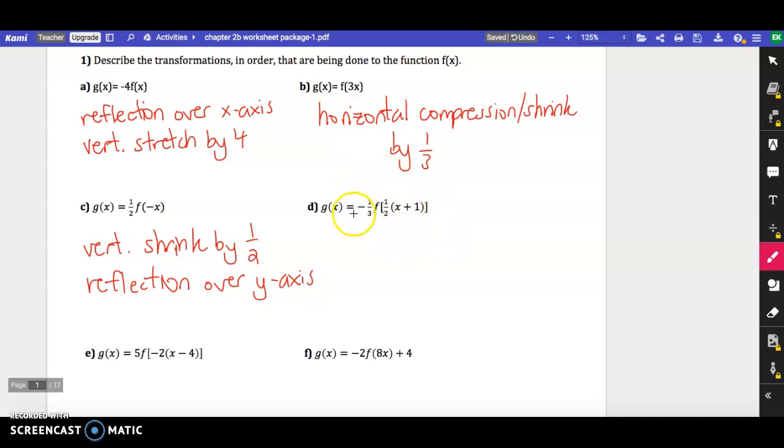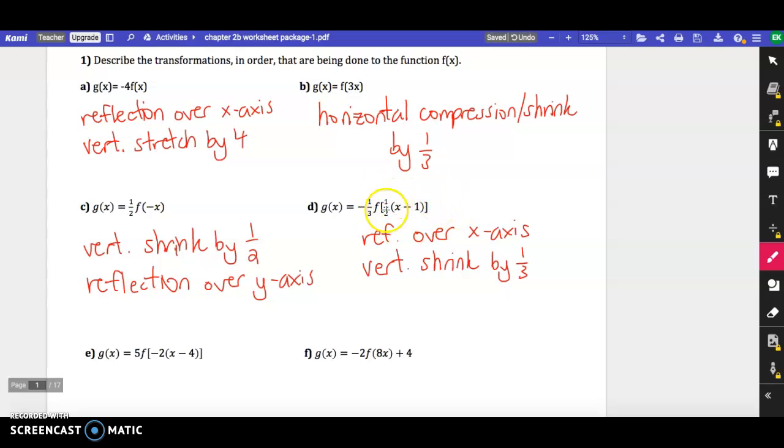Okay. This has got a lot of stuff going on. Okay, so we have a negative out front, so that's a reflection over your x-axis. I have a 1/3 out front, so that's a vertical shrink by 1/3. I have a 1/2 inside of my function. So even though it's not in the parentheses with the x, notice how my f, that's my function, contains all of that stuff.